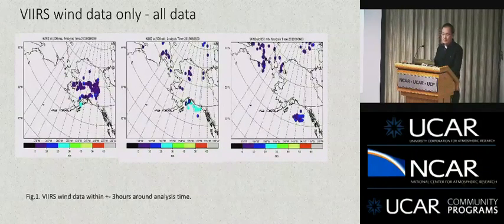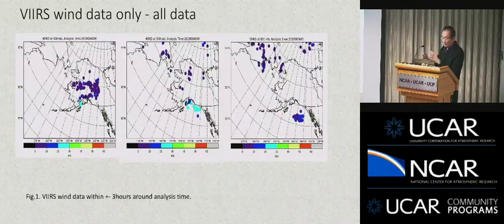This is VIIRS data only. Because the VIIRS data comes in granules, we got several. We have a criterion: we choose a time window of 6 hours, 3 hours before and 3 hours after the analysis time. So we got the data.